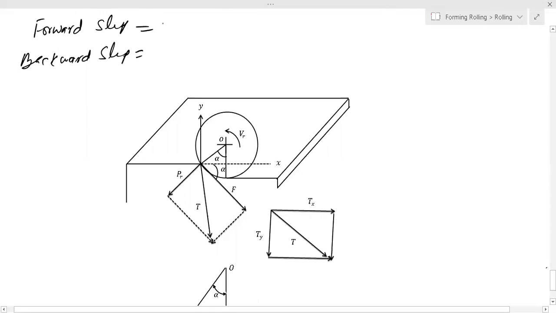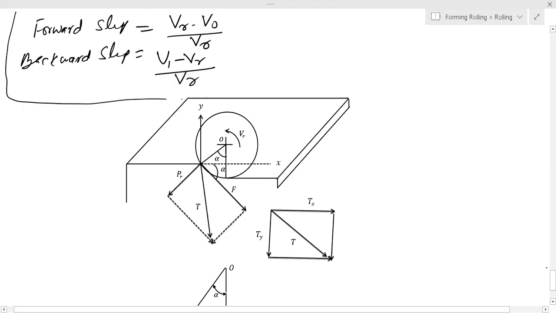Velocity of roll minus initial velocity, divided by velocity of roll, is your forward slip. And backward slip is your final velocity, or velocity after one pass, minus velocity of roll, divided by velocity of roll. This is our terminology. It means there will be forward slip between AN, and in the ND region there will be backward slip.